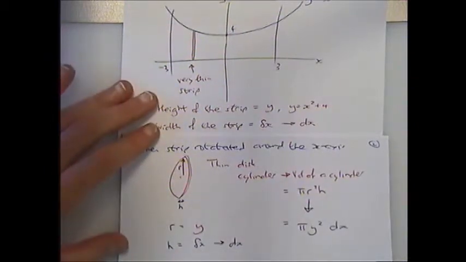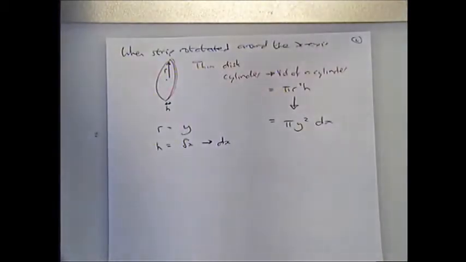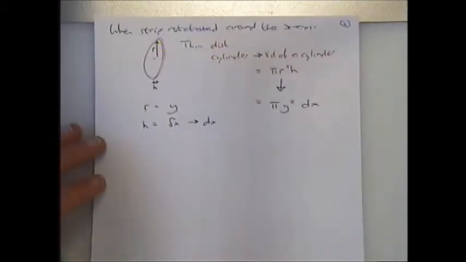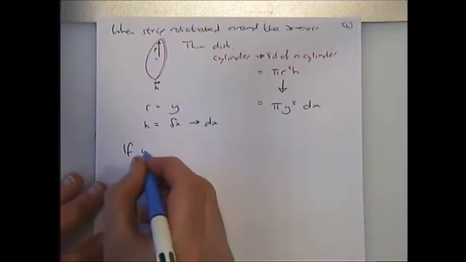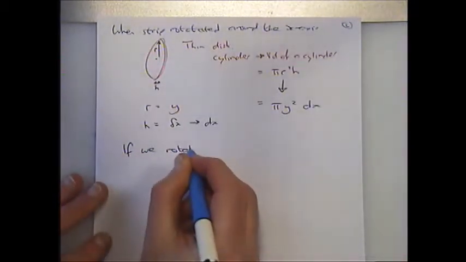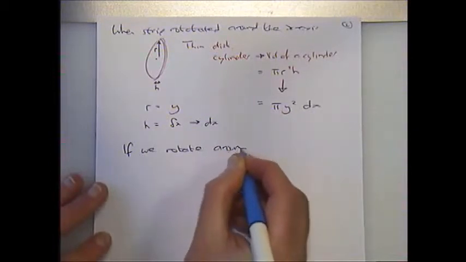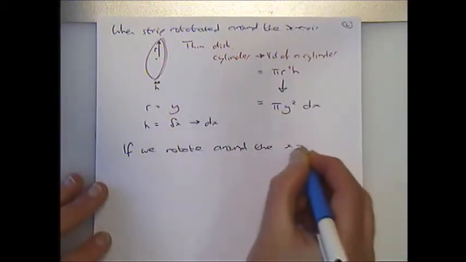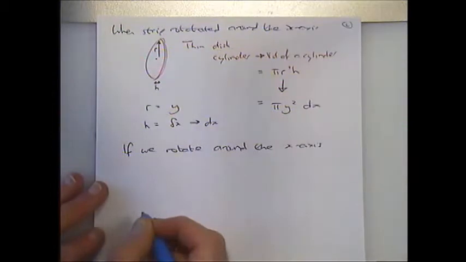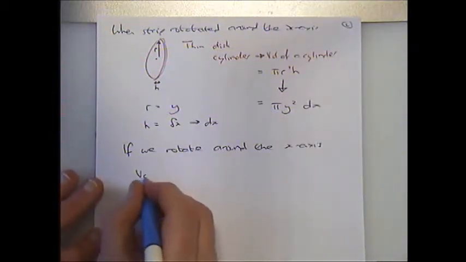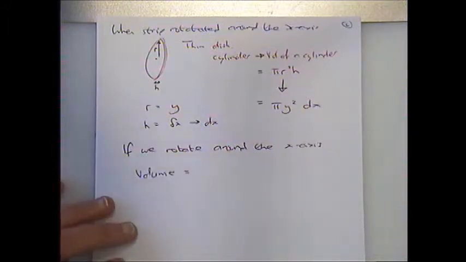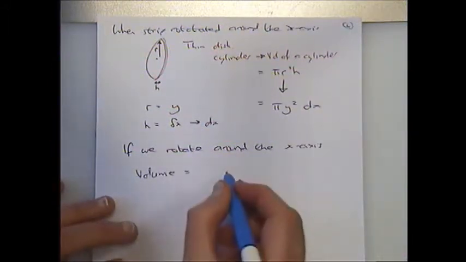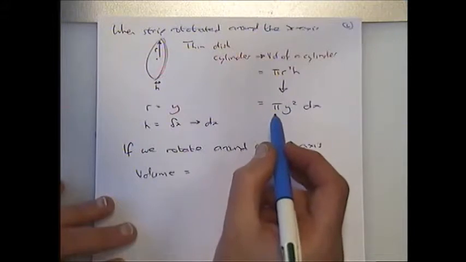Okay. So, if you follow that bit, we're coming on now sort of to the red box rule, the main thing, if you like. If we rotate around the x-axis, the volume is equal to... Now what are we going to do with this pi y squared?